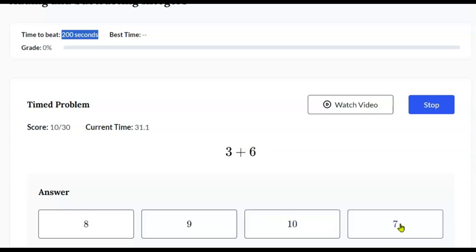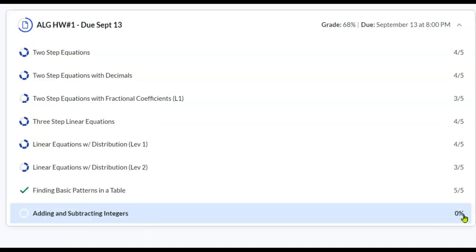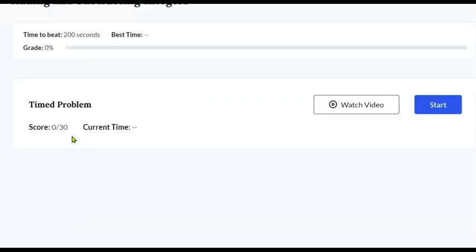If you get one wrong, the timer will stop and the game will end. You'll notice, however, if I go back to the screen, it shows that I didn't do anything. And that's because I won't get any credit for this section unless I get all 30 questions correct. Now beware, as soon as you reach 30 correct, it won't stop.